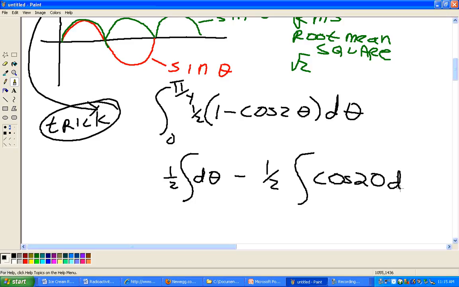Is that a Y or a 4? That is a 4. When you integrate a d theta, you get theta.